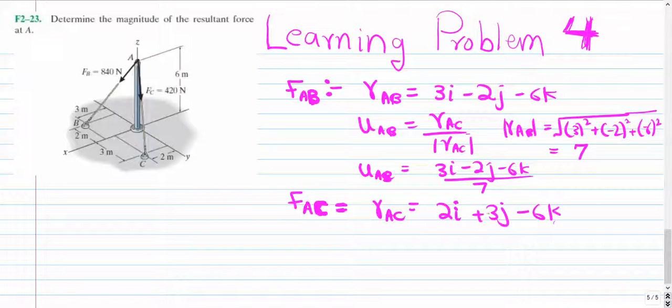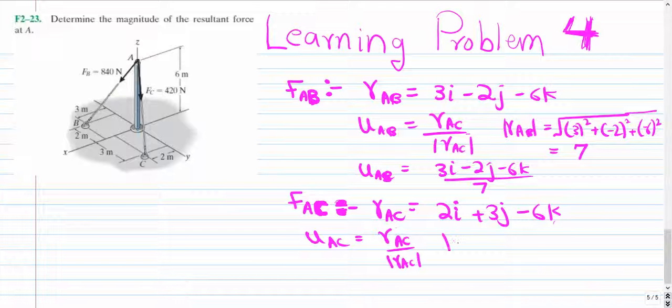Okay, now we need to find the unit vector from A to C. And to do that, we need to divide the position vector. Okay, so now to find the unit vector, we'll divide the position vector AC by its magnitude.